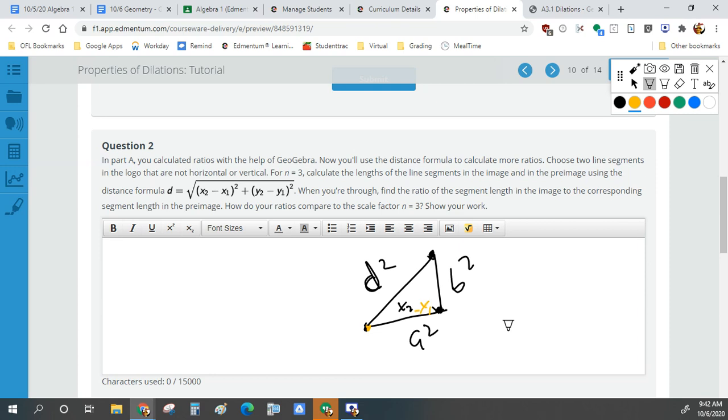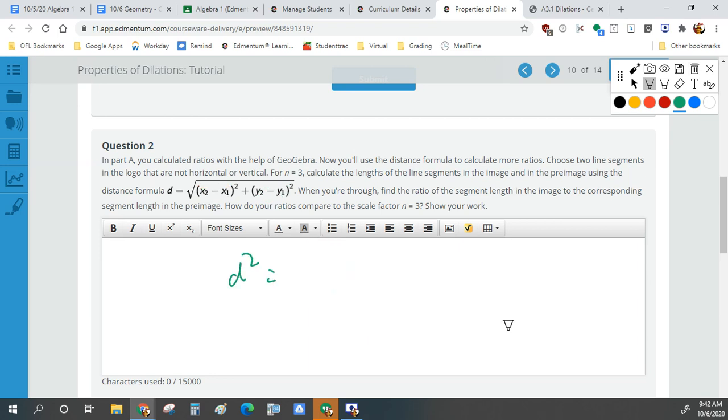So that's why all of this is technically a squared. Our b, well, this is our y value, we'll call it y2, and this is our other y value, we'll call it y1. So that's our b. Now, why is there a square root? Well, in order to get rid of a squared, we have to square root it. So whenever you guys are scared of this formula, don't be. All it is is the Pythagorean theorem.